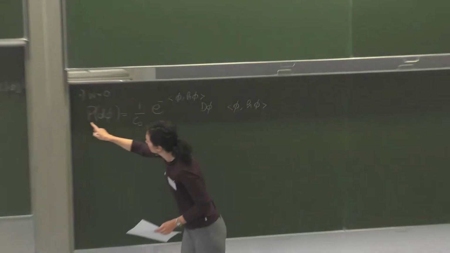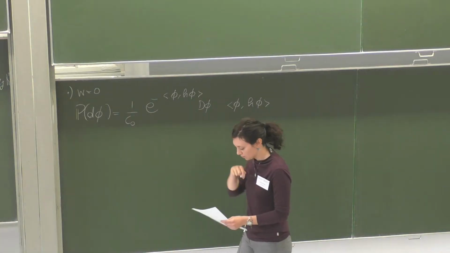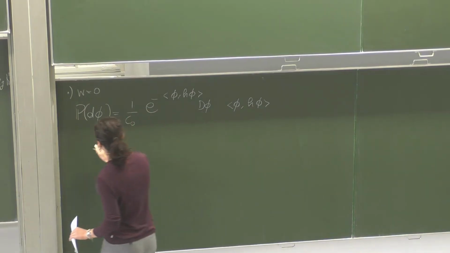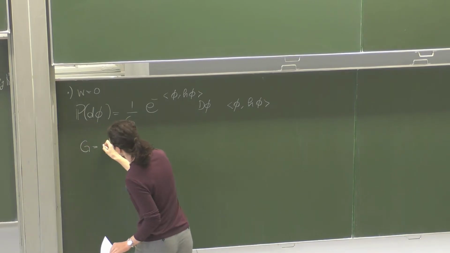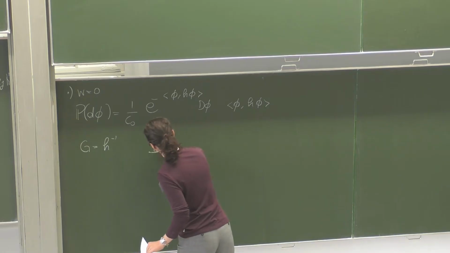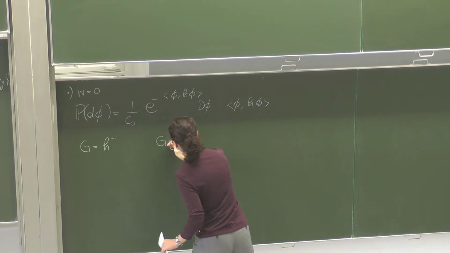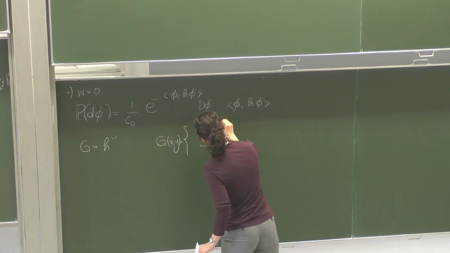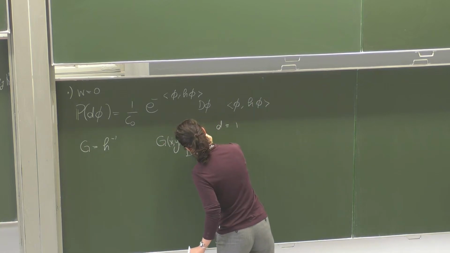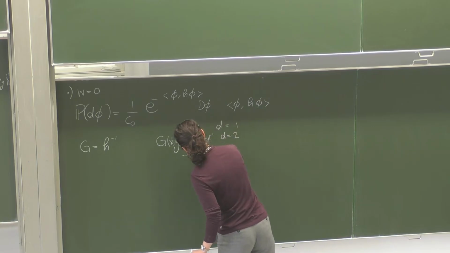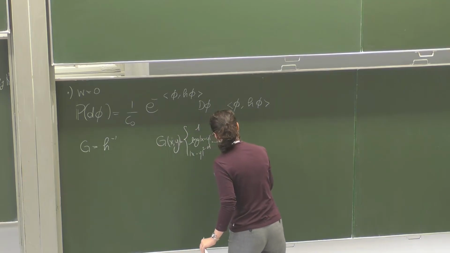And P is the law of the Gaussian free field with covariance h to the minus 1. And G is the Green function, with kernel in dimension 1, and in dimension 2 the logarithm of x minus y.